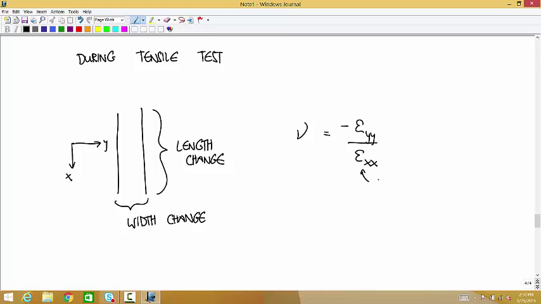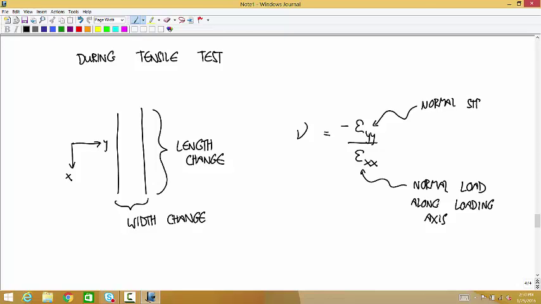So this is the normal strain along the loading axis, and this is a normal strain along a non-loaded axis.